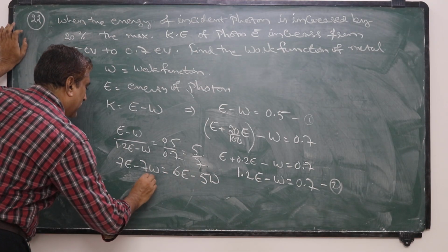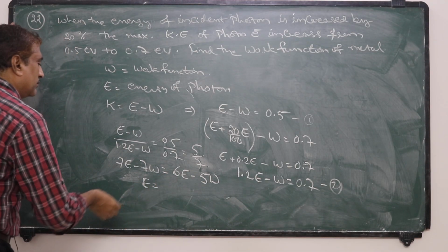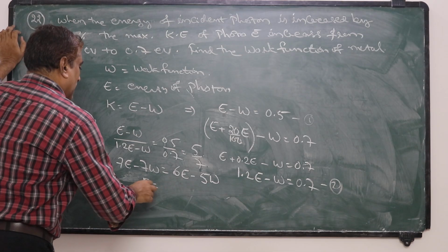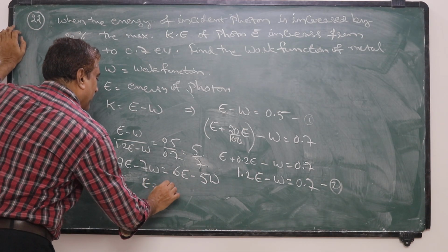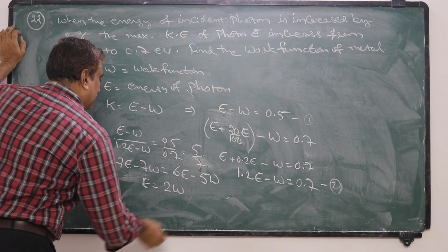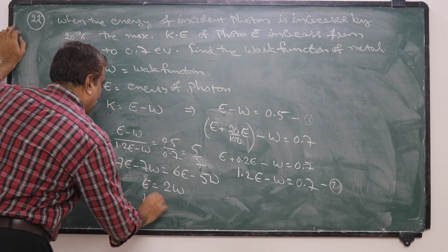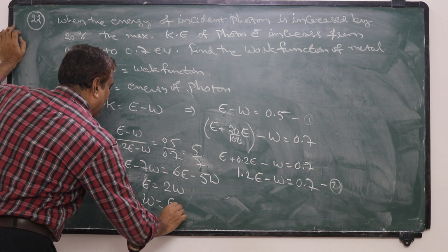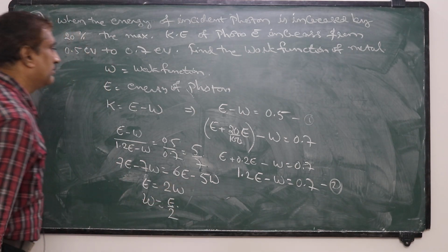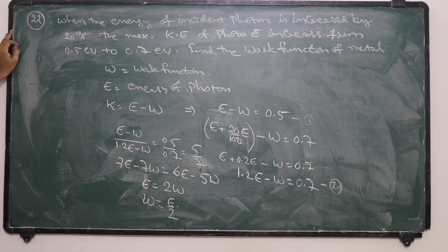So E is equal to 2W. So W is equal to E by 2.